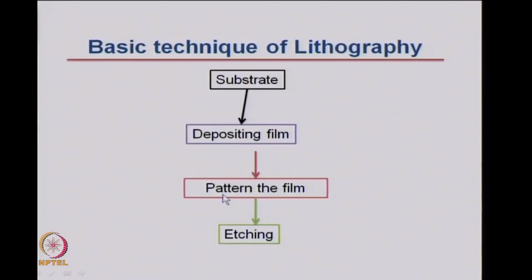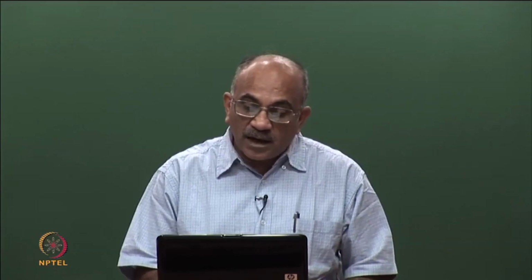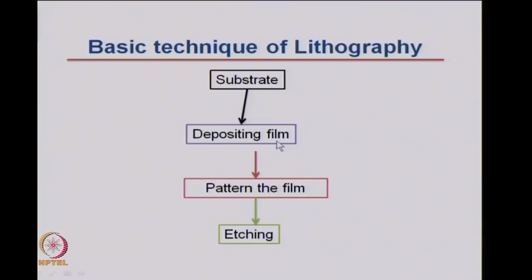After you have patterned the film, that means the design is there on the film with the substrate behind it, then you etch this patterned substrate. When you etch, only the pattern that you made will remain on the substrate. Remaining parts of the film will be removed. That is called etching.